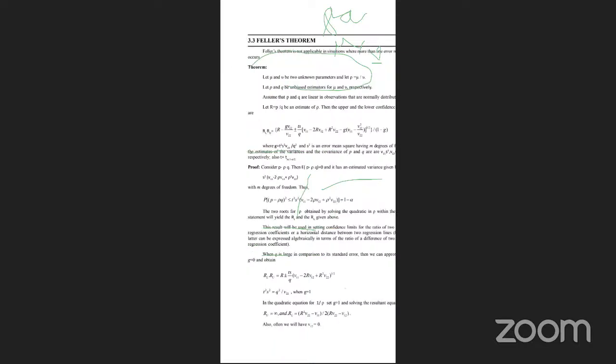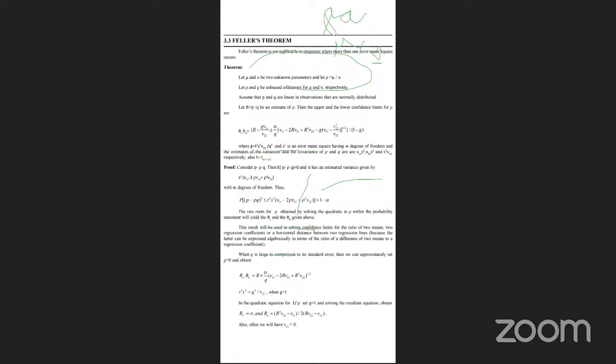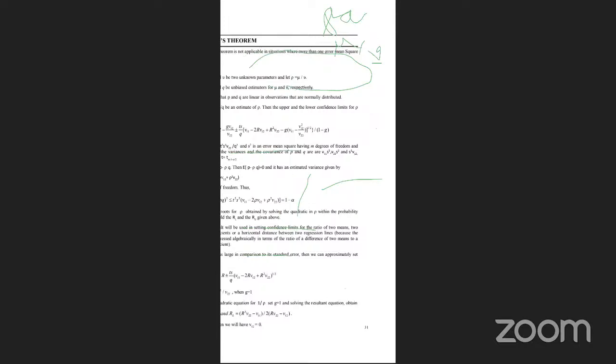The upper and lower confidence limits of rho are R_L, R_U equal to R minus g V12 by V22 plus or minus ts by Q, times V11 minus 2 R V12 plus R square V22 minus g (V11 minus V12 square by V22) whole to the power of 1 by 2, divided by 1 minus g, where g equals t square s square V22 by Q square, and s square is the error mean square having m degrees of freedom.